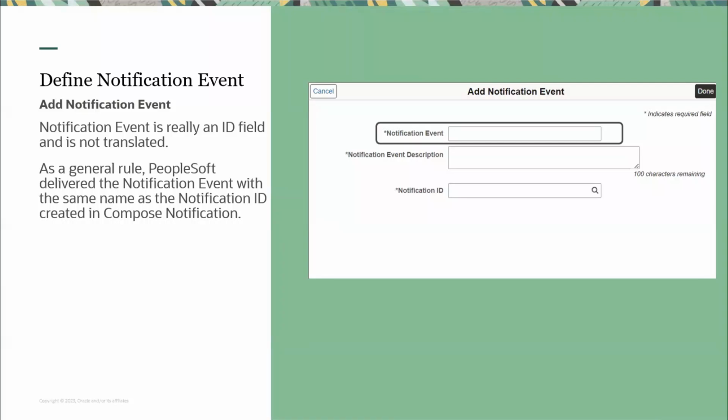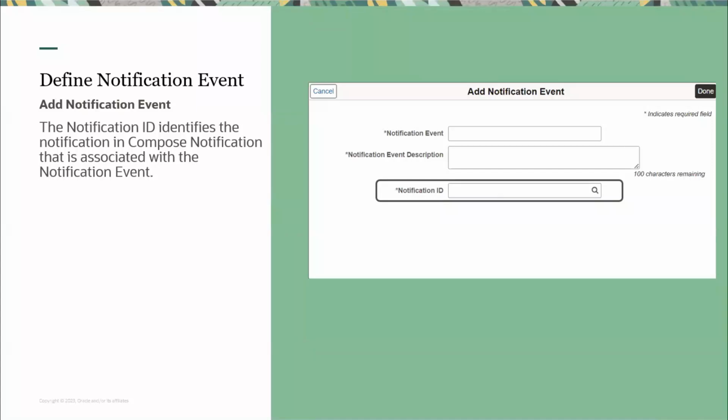As a general rule, I've mentioned this a couple of times, we tried to keep the notification event and the notification ID, which hooks the event up to compose notification that we just went over in detail in the last part, the same, so that there's no confusion.